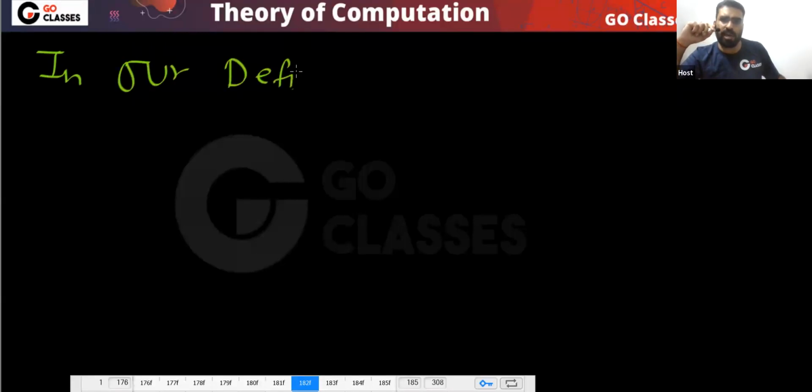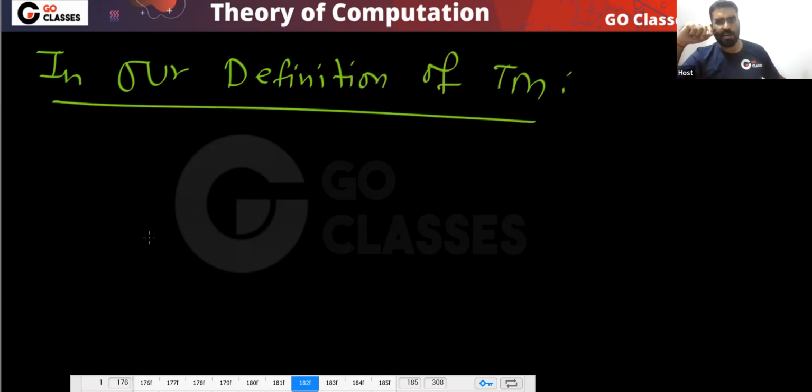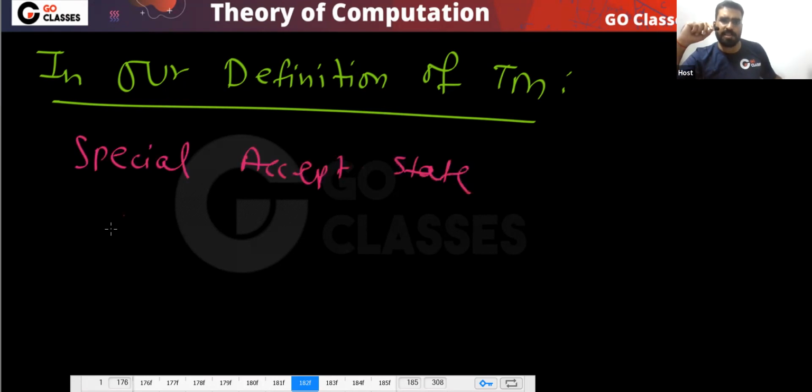Because you know the definition of Turing machine that we are considering. In our definition of Turing machine, there is a special accept state Q accept, and there is a special reject state Q reject.